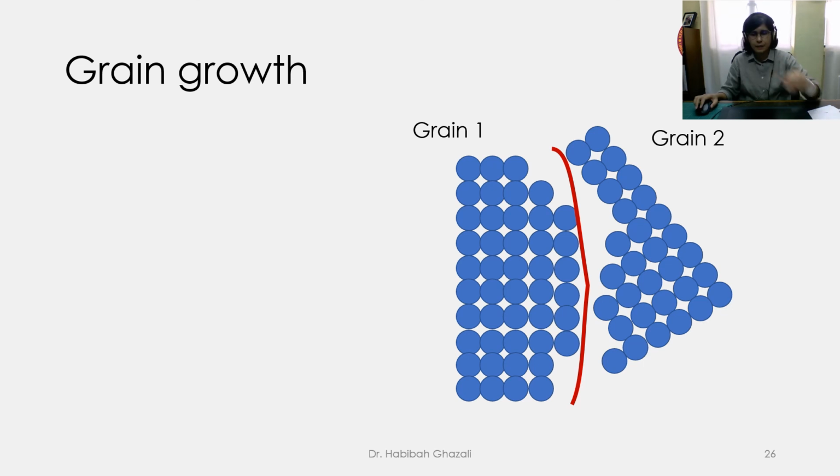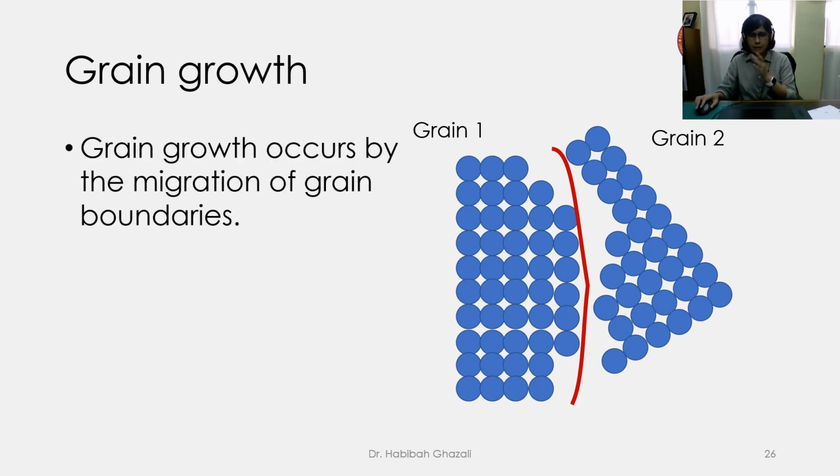So for example, here I have two grains adjacent to one another, and they have already been recrystallized. This is the recrystallized grain. If we leave them at a higher temperature, the grain boundary will be shifted. So how is the grain boundary shifted? It's simply by atoms moving from one grain to another grain.